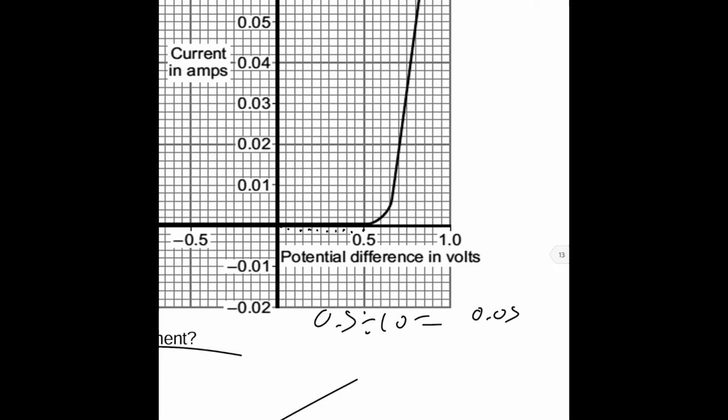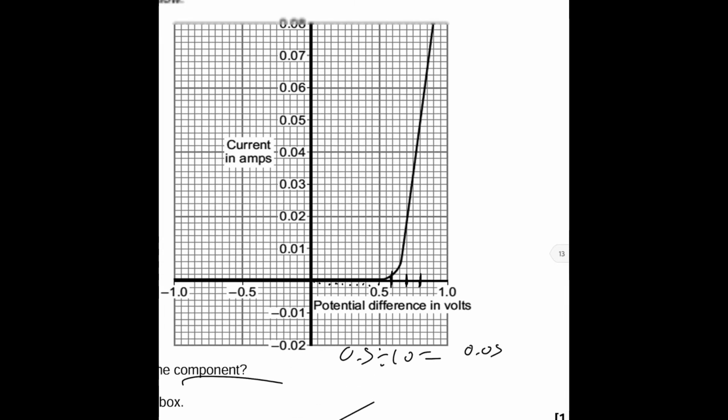So 0.05 plus 0.05, that should give us about 0.55 plus again 0.05, 0.06, 0.07, 0.08.